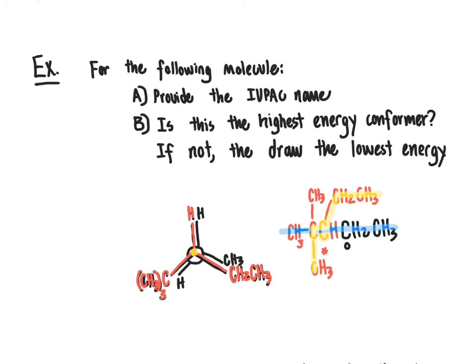And as we look at this, it actually becomes apparent that due to the symmetry of this molecule, the line that we've highlighted in blue and the line that we've highlighted in yellow will end up leading us to the same IUPAC name for the molecule one way or the other, due to the fact that there's symmetry here. And so we can choose either of those to be our basis for coming up with the name, because they're both going to lead to exactly the same name one way or the other.